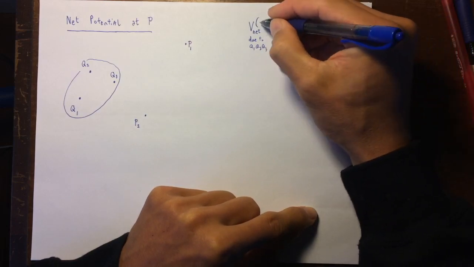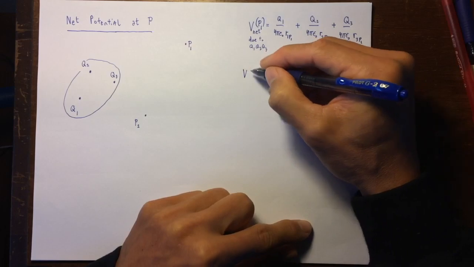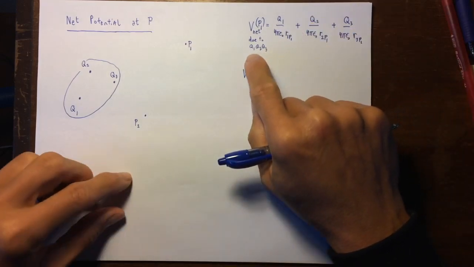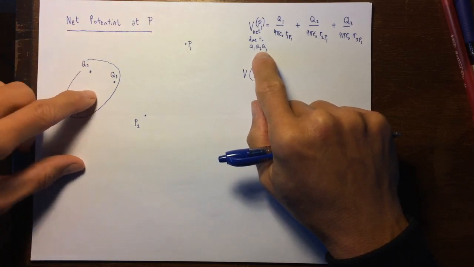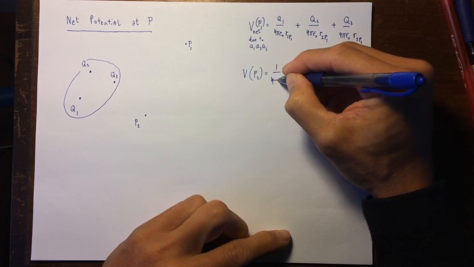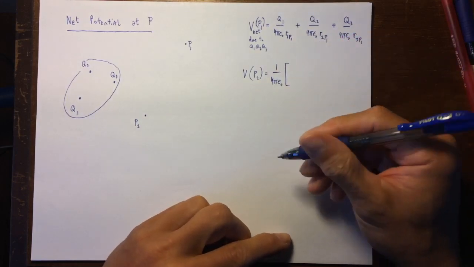So I might put it's the value at P1, and the potential at the place P2 associated with the very same set of charges in the same place. Everything's the same, so in fact you can see that 4 pi epsilon naught on the bottom is a common factor.